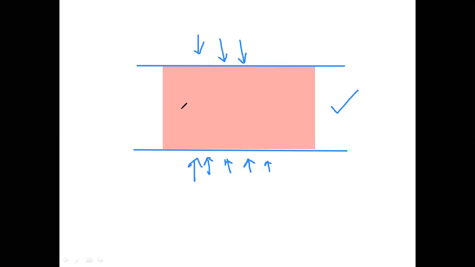It constitutes electric current. To collect that electric current, I'm making two ohmic contacts. That's why I'm using two metallic plates here. This is one ohmic contact.